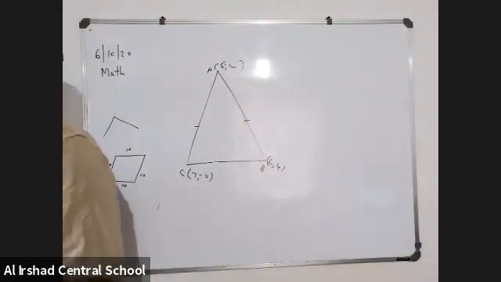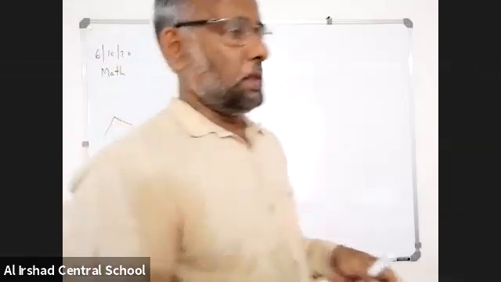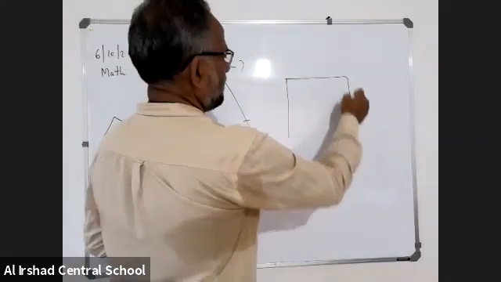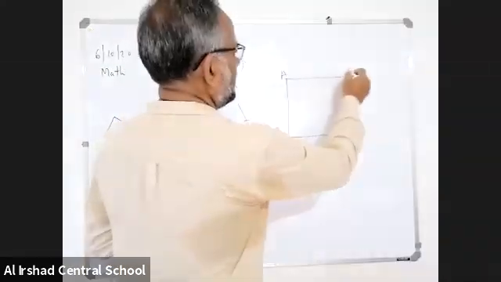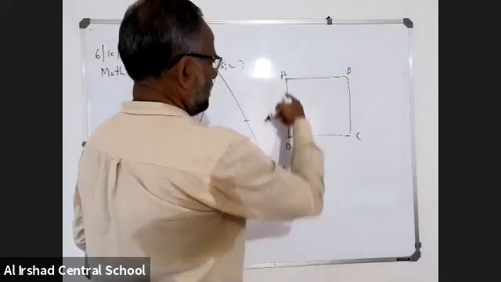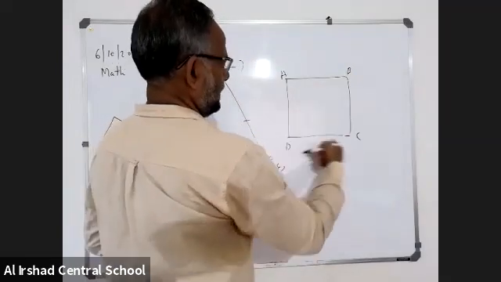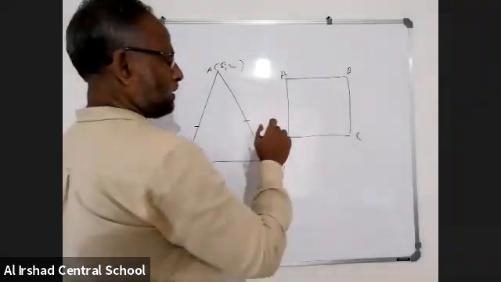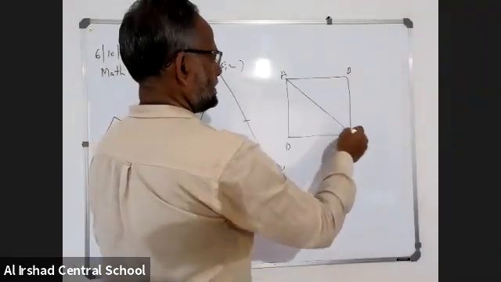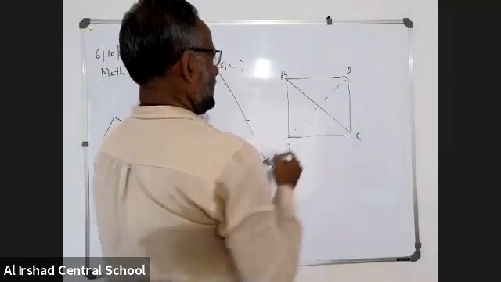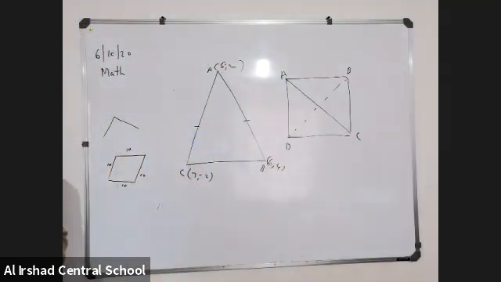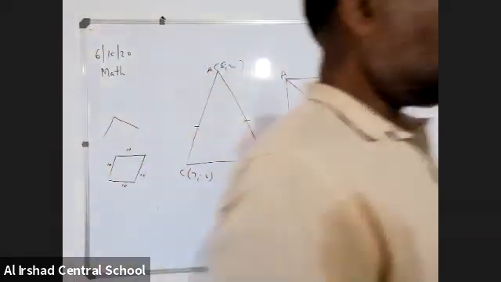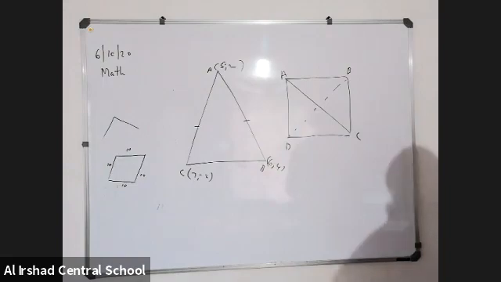Draw the square and mark A, B, C, D. Find AB and DC. If they are equal, the quadrilateral is a parallelogram. Then take AC and prove that AC is equal to BD. You can use the distance formula. Then we get that it is a square. Okay, that is homework.